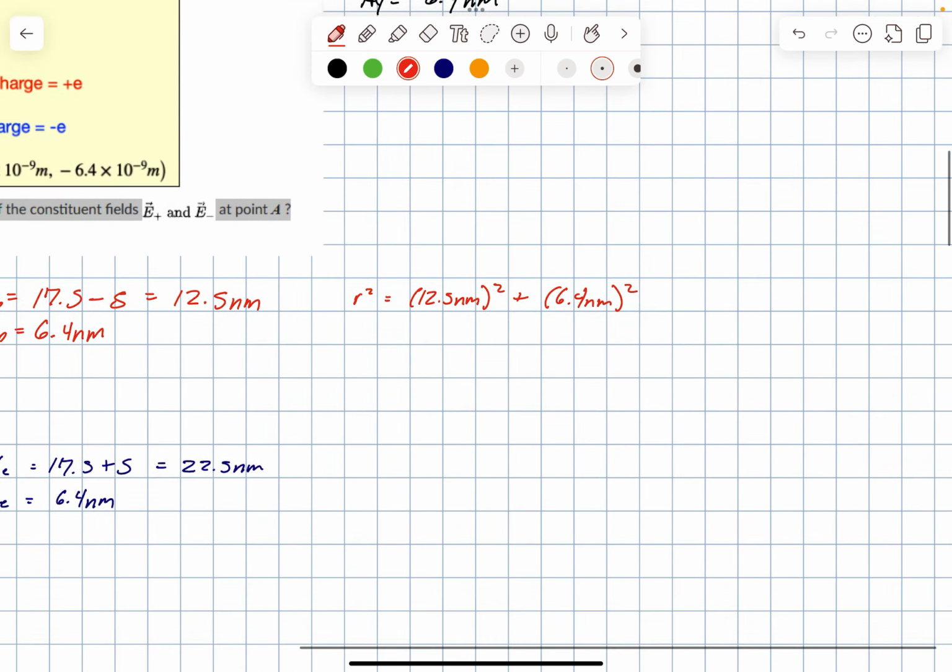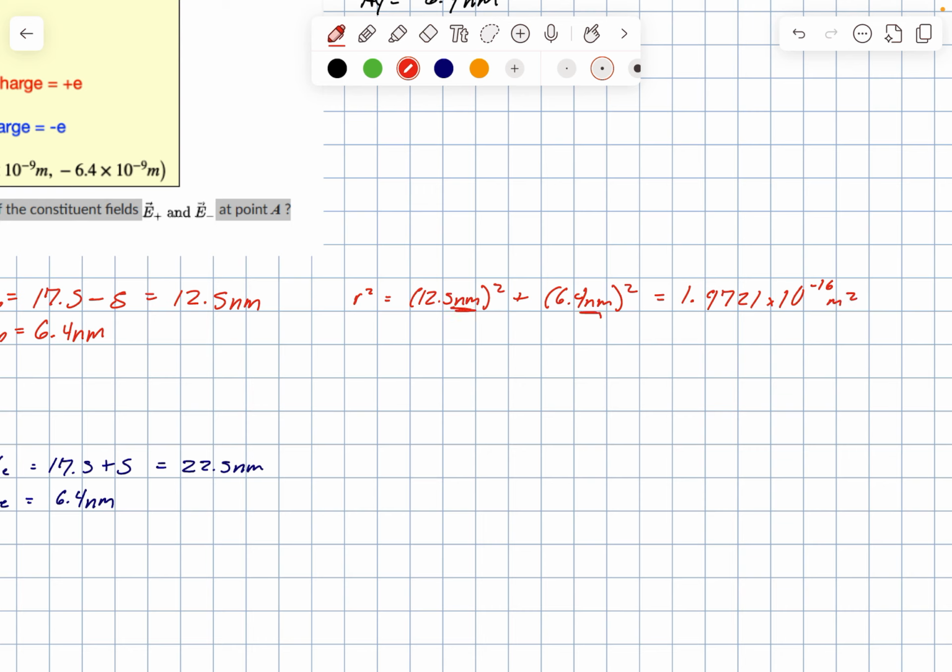And when you solve that, you should get an r squared value of 1.9721 times 10 to the negative 16 meters squared. Don't forget your scientific notation.